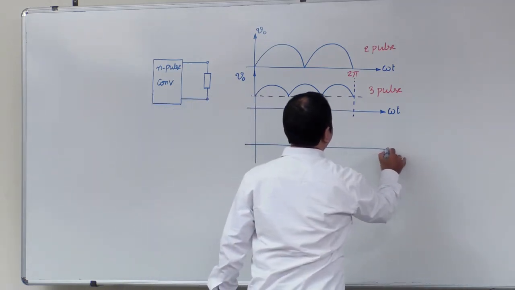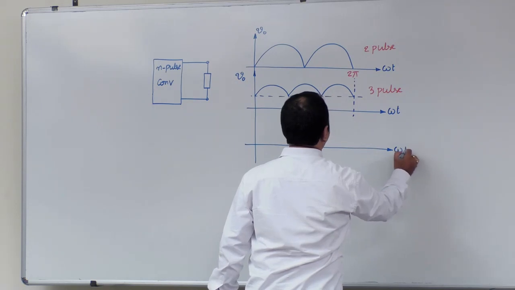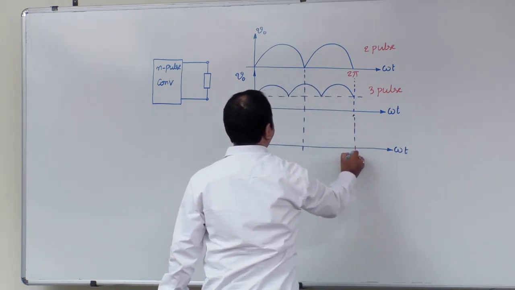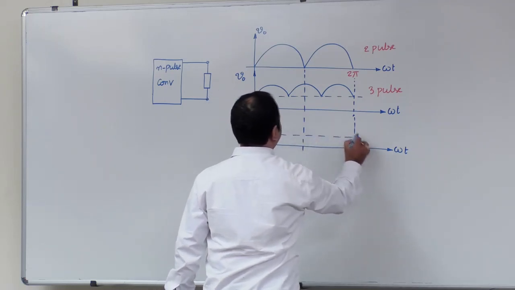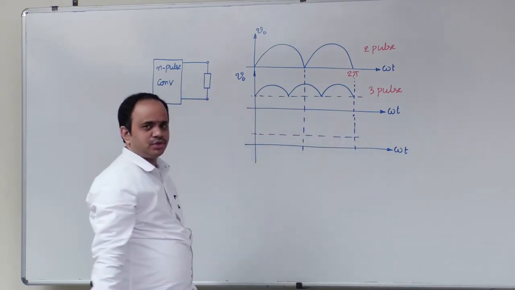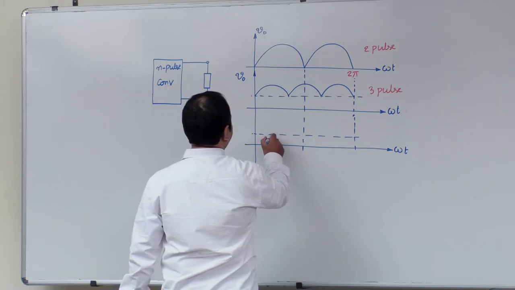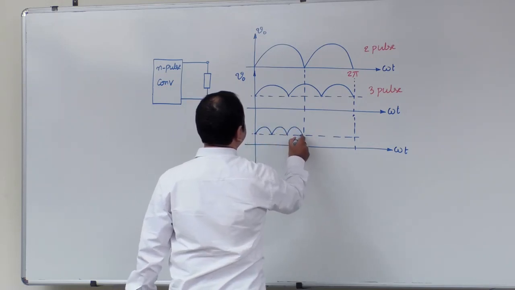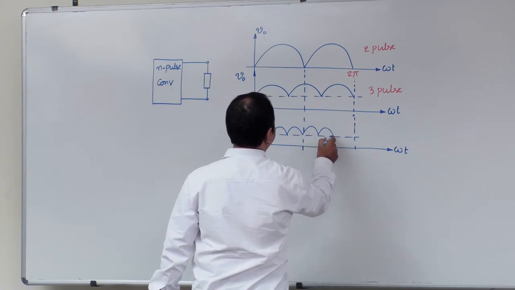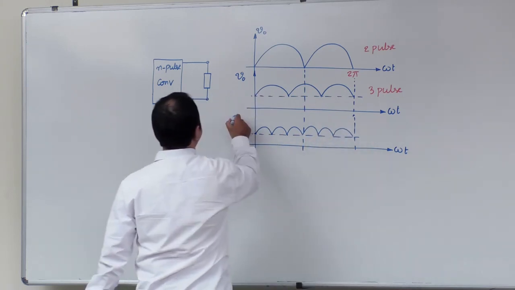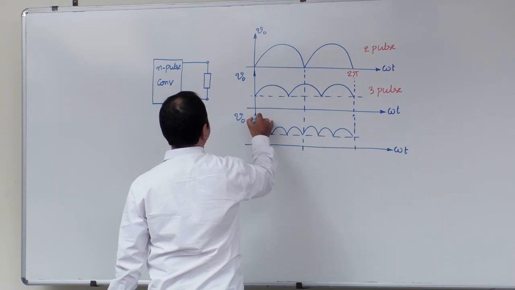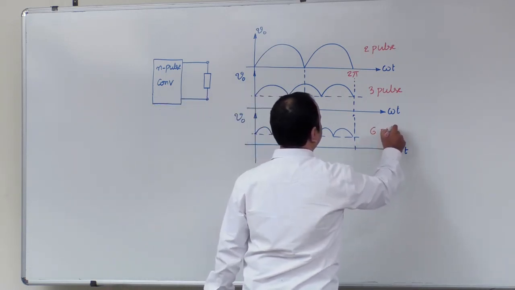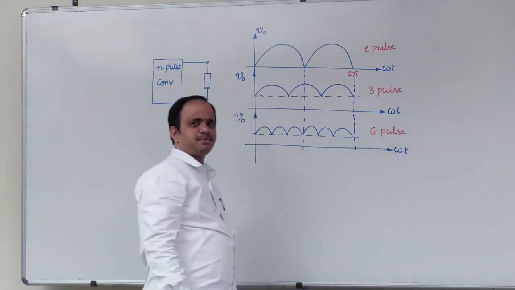Now one more possibility is, for example, the output voltage in one cycle, that is from 0 to 2 pi, contains 6 pulses like this, okay. It contains 6 pulses. So this last one is referred as a 6 pulse converter.